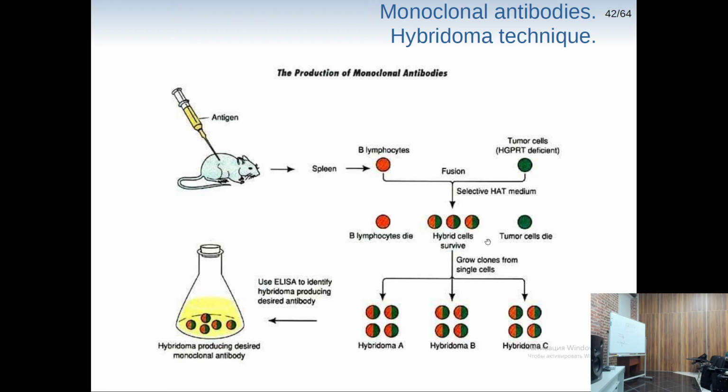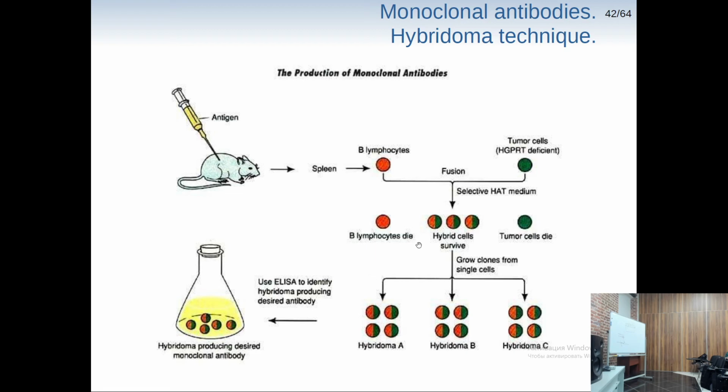And what we have are hybridomas between our lymphocytes and those immortal cells. In fact, they could be used for a lot of passages without any considerable problems. And you can use them for secretion of these antibodies.